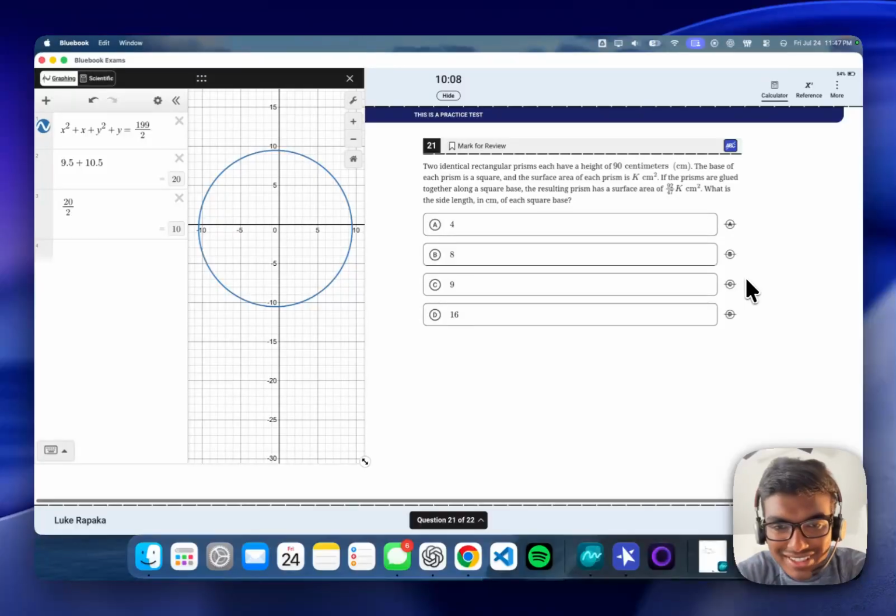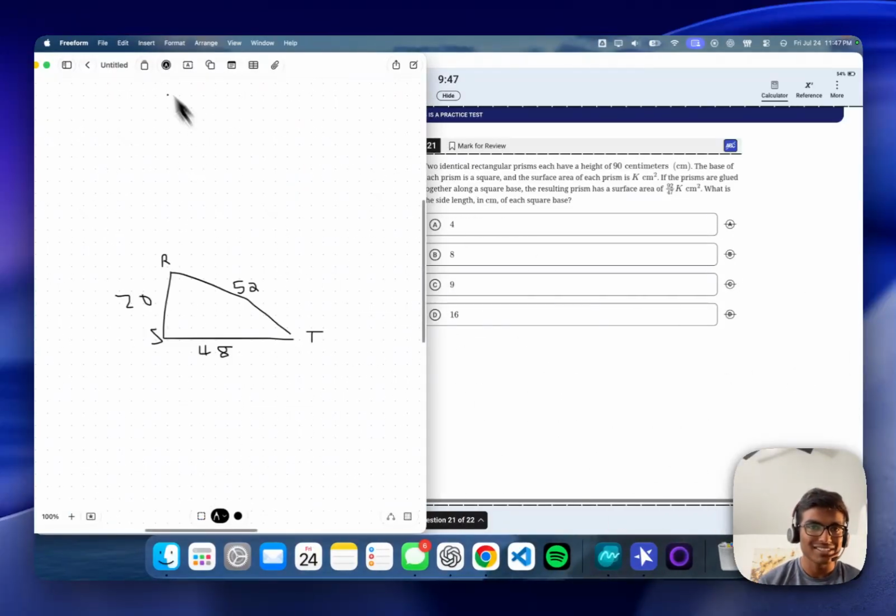That's a lot of reading. Two identical prisms have a height 90. The base, okay, so I think we're gonna need to draw this out.